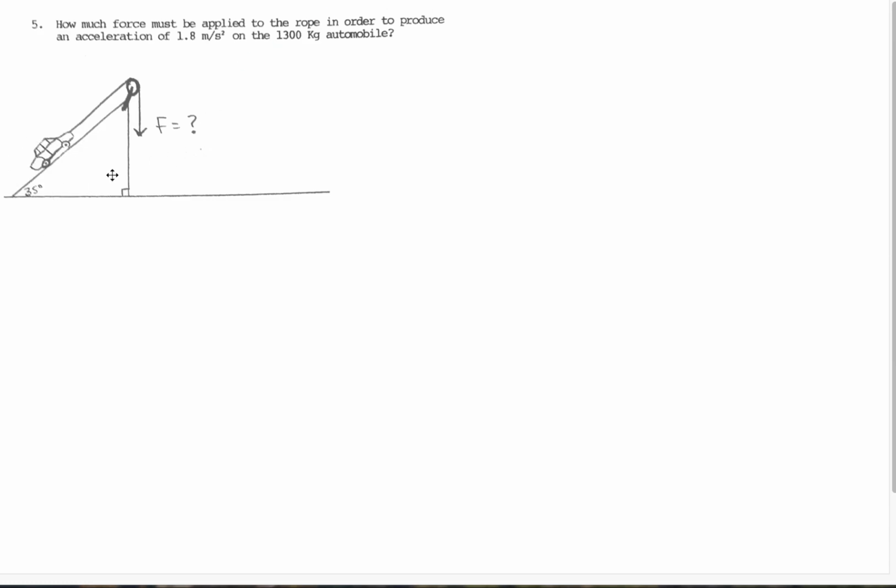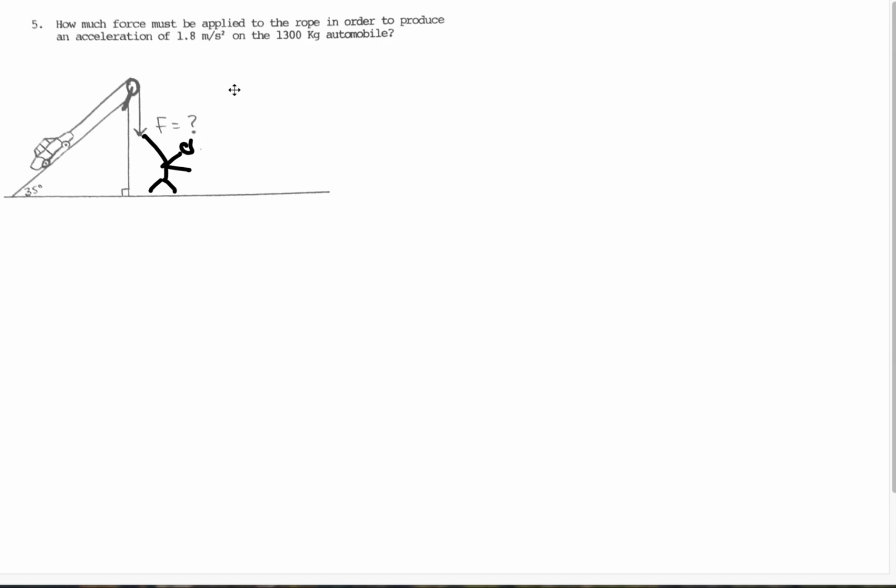So in this problem, you guys, it says how much force must be applied to the rope. So imagine that you're Superman or Superwoman, okay? And you're pulling on this end of the rope, all right?